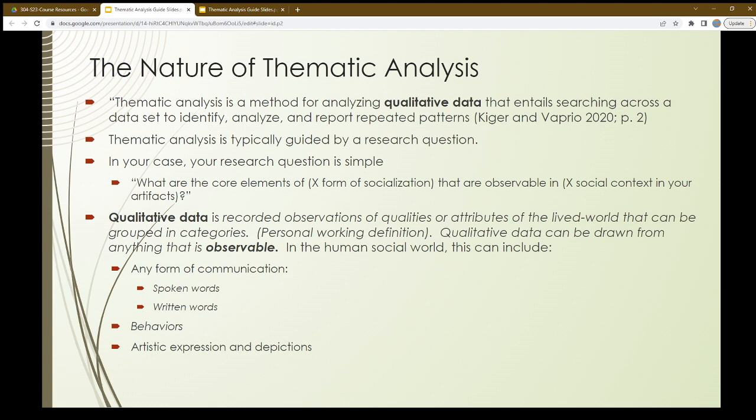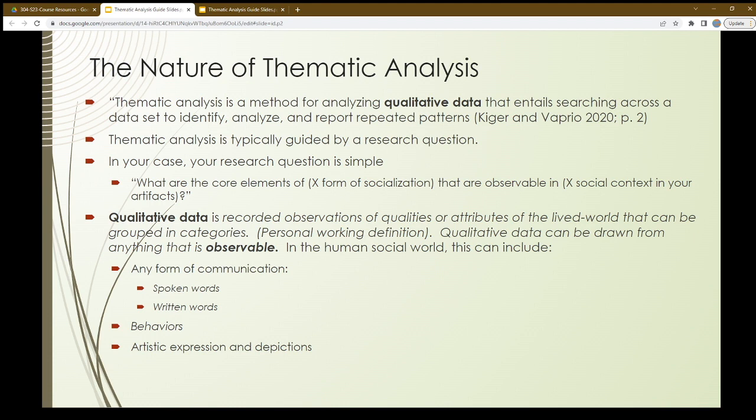As I have here on the slide, what are the core elements of X form of socialization? This doesn't have to be a form of socialization if you are doing this for your senior seminar. But what is the fundamental social process going on that you are observing in the artifacts that you are finding?